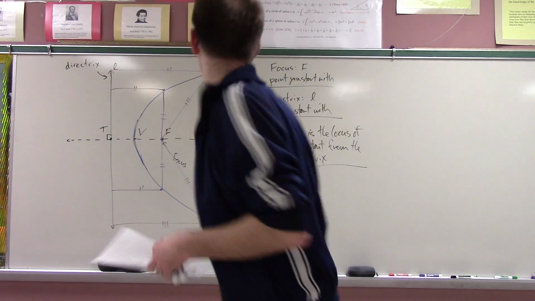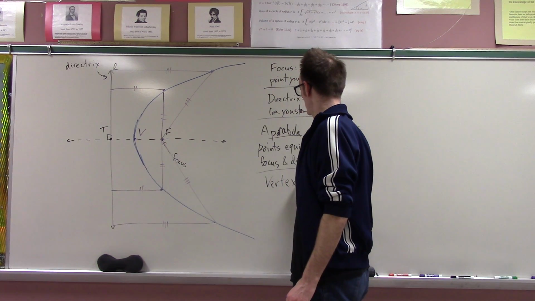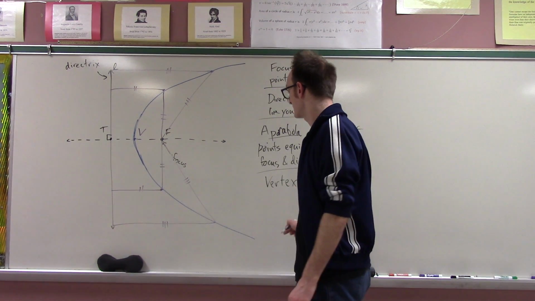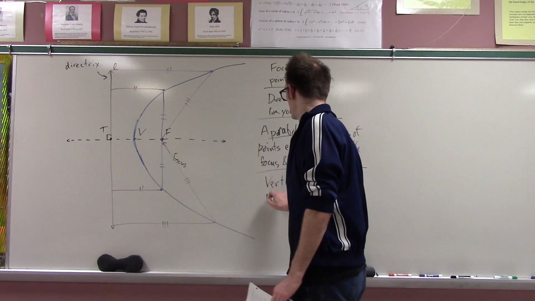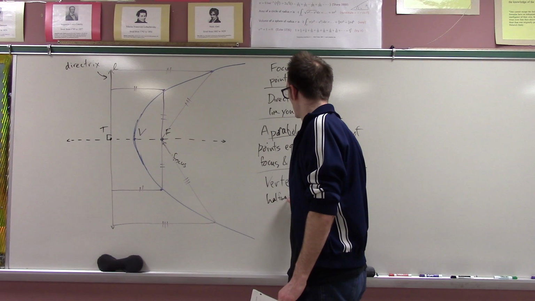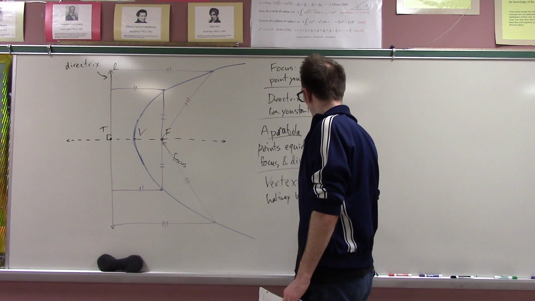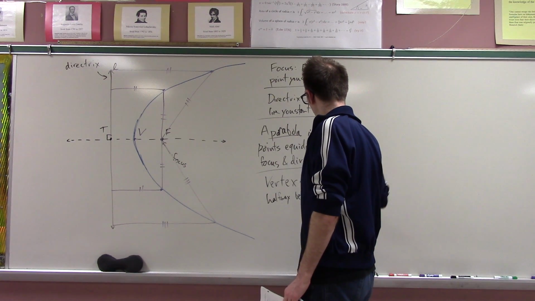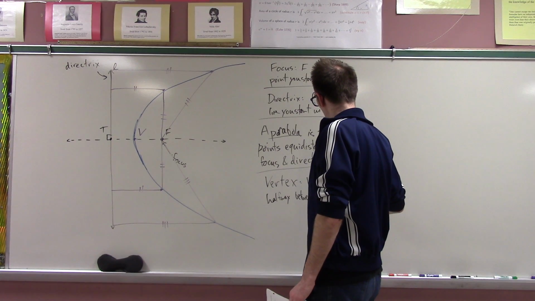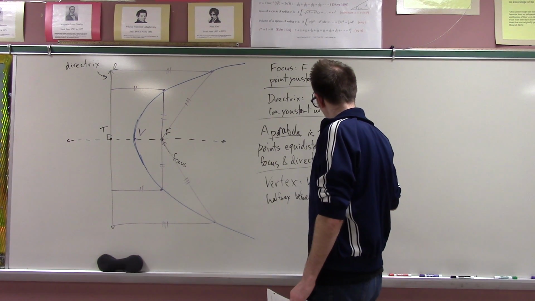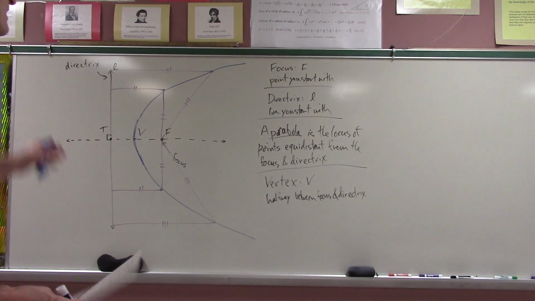Okay, the vertex is, in our case, this point V, and I'll just say it's halfway between the focus and the directrix. I guess a better definition is that it's the midpoint of the segment connecting the focus to the directrix.